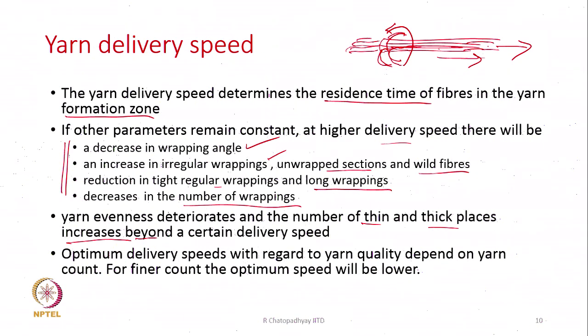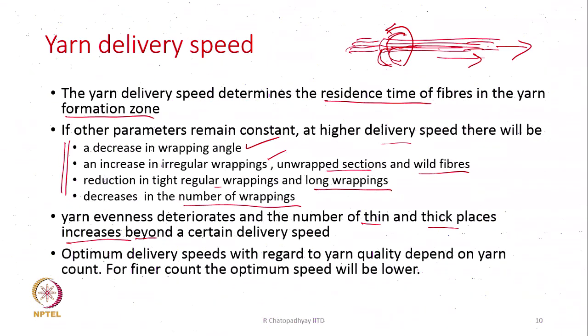The other thing is that because the residence time is very low, the yarn as a whole is going to suffer, in that thin places are going to be more, and thick places can also increase, because maybe a lot of drafting waves are going to be generated at very, very high speed. The control of fibers in the drafting zone of the drafting system may not be so good when we go for very high drafting speeds.